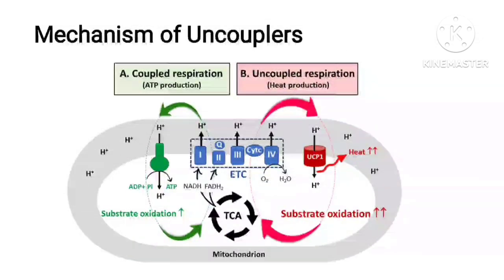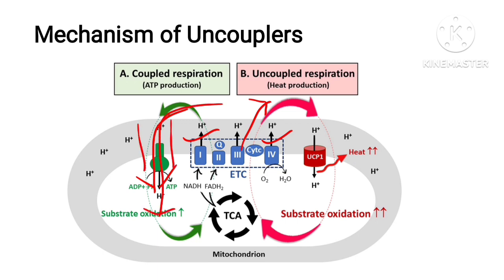Now what is the exact mechanism of uncouplers? Uncouplers like 2,4-dinitrophenol and even thermogenin uncouple oxidation from phosphorylation. That means oxidation from complex 1 to complex 4 is happening, which generates free energy, and that free energy actually has to be converted to ATP through complex 5, because complex 5 is the only channel for the protons to enter back into the mitochondrial matrix.